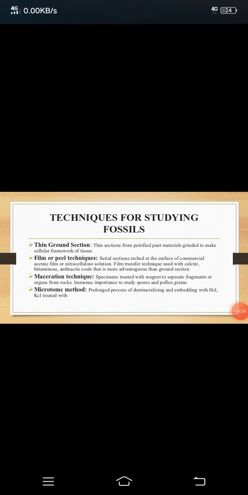The maceration technique. It is commonly used in cases of peat, lignite and coal. During the process, the specimens are treated with a mineral acid or other suitable reagent which separates large fragments. The specimen is made free from associated rock and cemented to a glass slide.